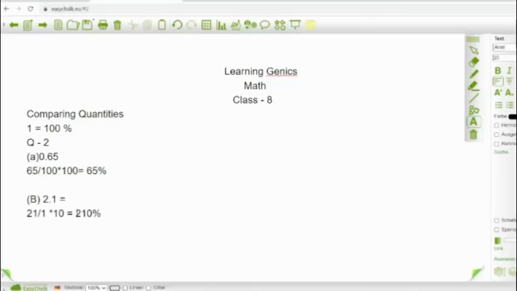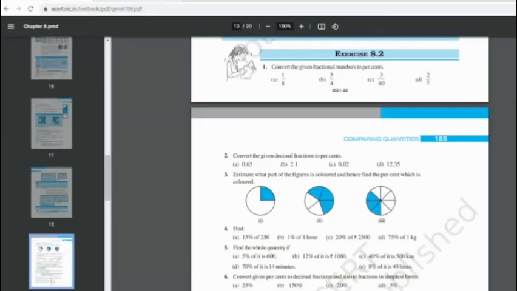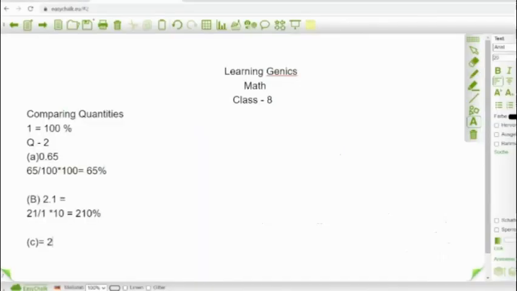So we'll get 210%. This is how you'll solve this second question. So let me tell you the answers of parts C and D. So part C's answer would be 2%.